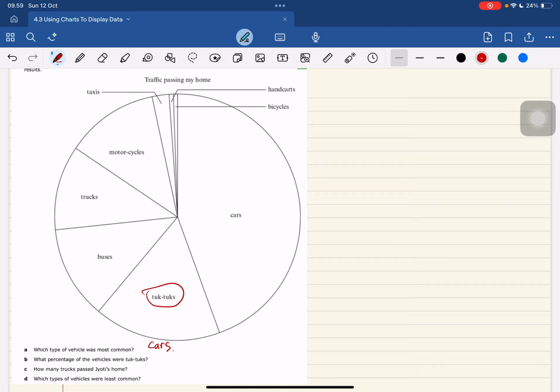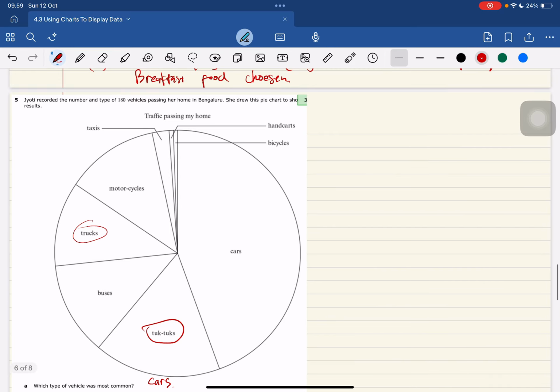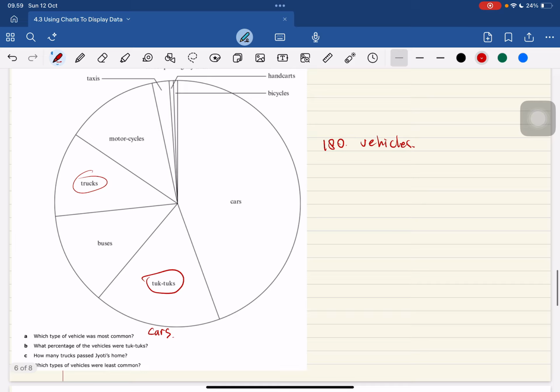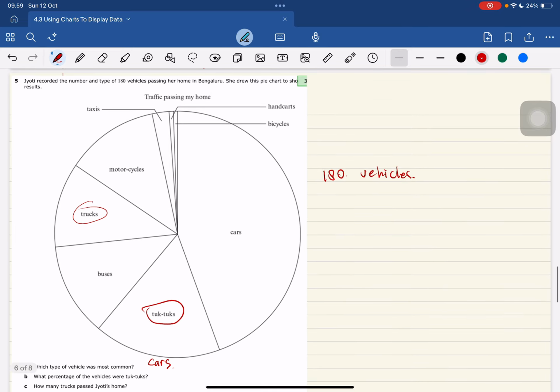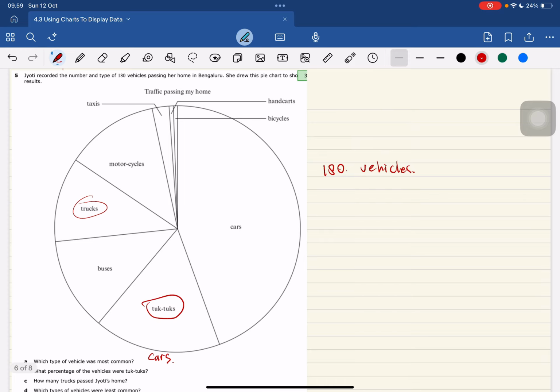Okay, next we got how many trucks are there? So we will see the information later. 180. So let's write it. Total of 180 vehicles. Okay, and then next, which type of vehicle were less common? So we got handcart here and bicycle.